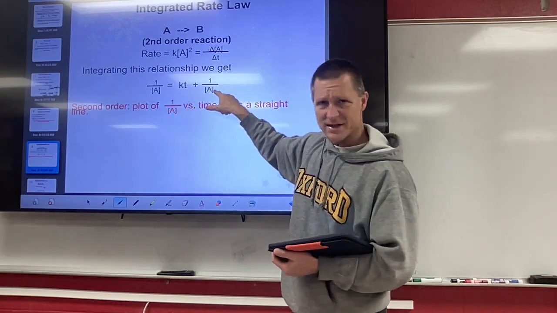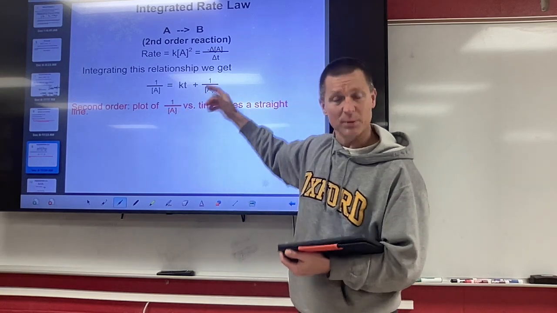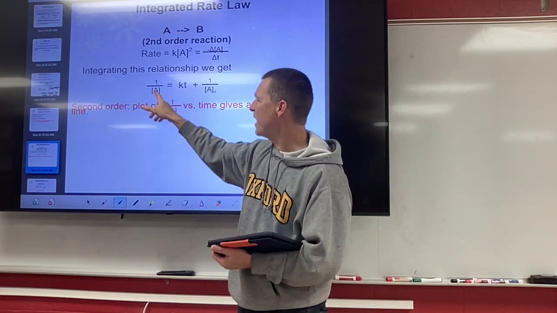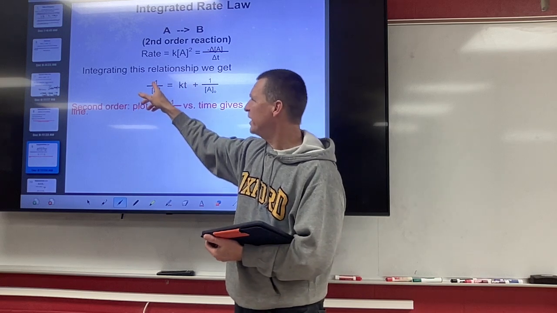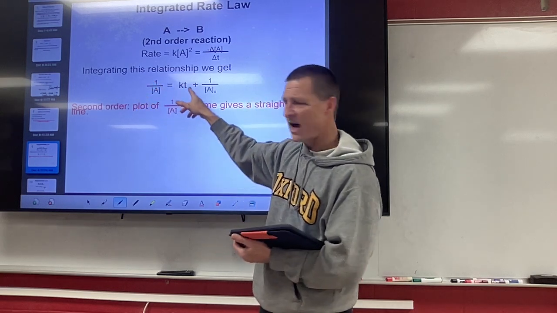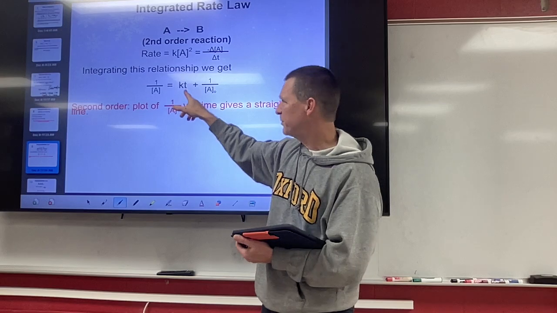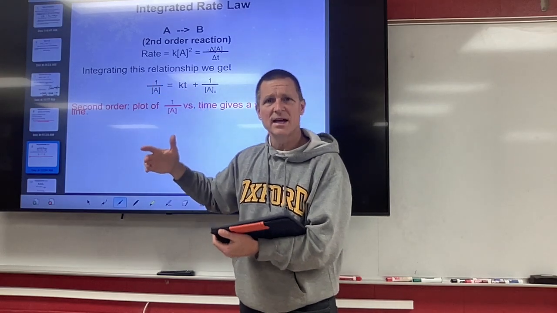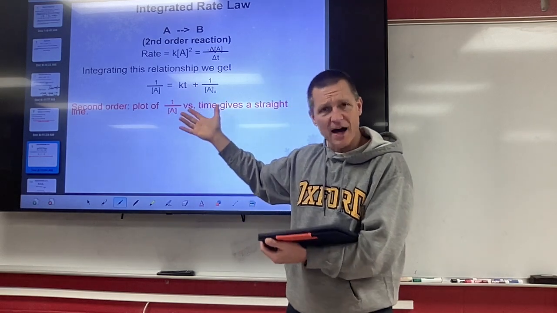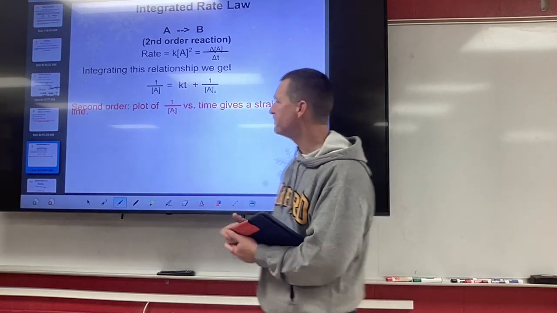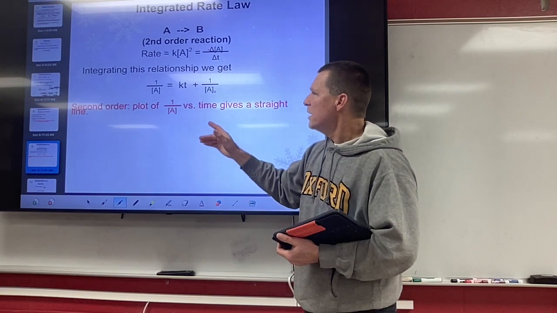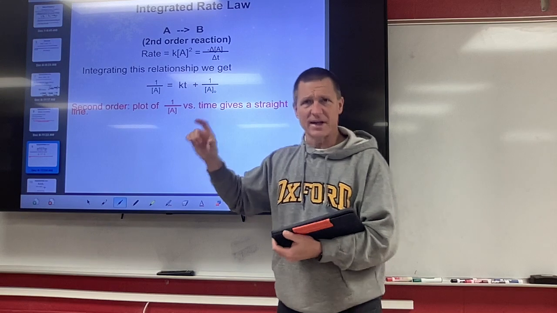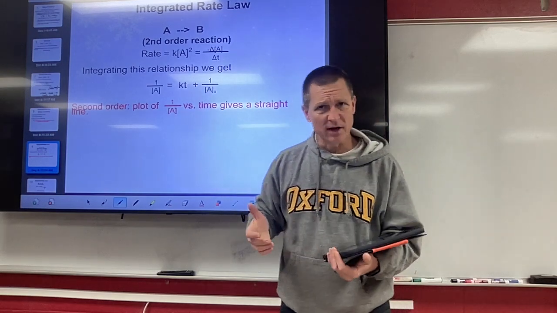The A0 is a constant. We're taking the inverse of the A0, but it's a constant value. So the concentration of A is changing. We have the relationship between the inverse of A and the time. If time is plotted on the x-axis, the inverse of A would be the y-axis, and it would be a straight line, because this follows the pattern y equals mx plus b. So if it's second order, if you graph the inverse of the concentration versus time, you'll get a straight line.